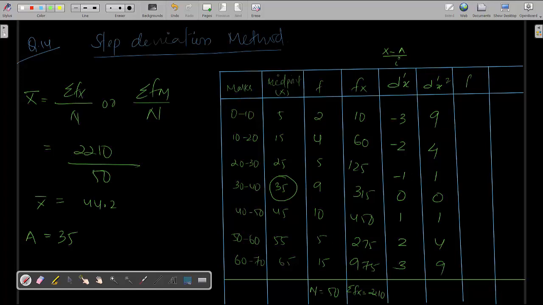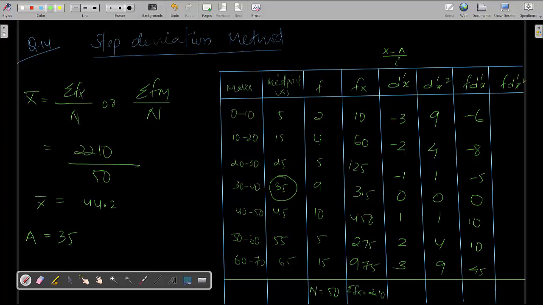Now we have to find f d dash x. So f into minus 3: 2 into minus 3 is minus 6; 4 into minus 2, minus 8; 5 into minus 1, minus 5; 9 into 0, 0; 10 into 1, 10; 5 into 2, 10; and 15 into 3, 45. Yeah? We also have to find f d dash x squared.